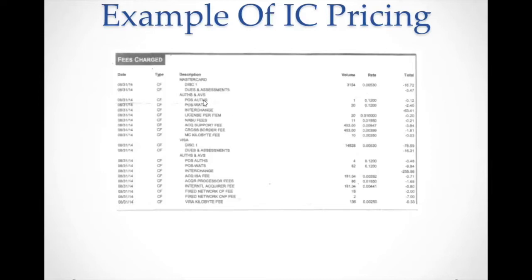Again, POS auths, 12 cents. So this is an interchange pricing account. They're paying interchange plus 0.53% and 12 cents per transaction above Visa MasterCard's cost. MasterCard, their discount rate, 0.53%.